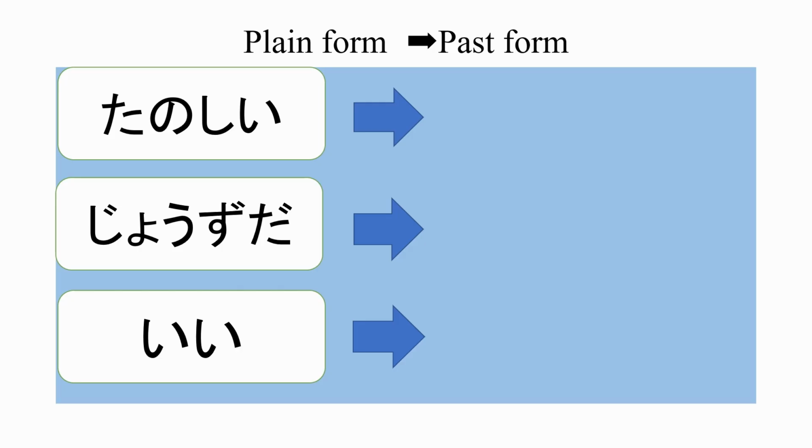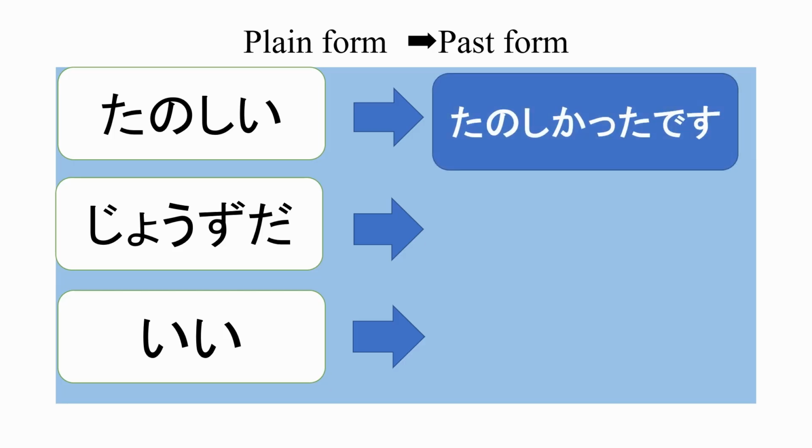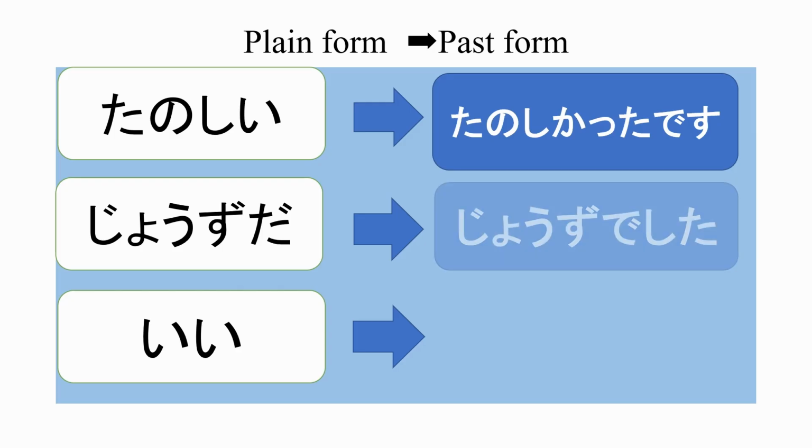First of all, past form. 楽しい, past form 楽しかったです。上手だ, this is a na-adjective. So, 上手でした。What about いい? This is the exception.